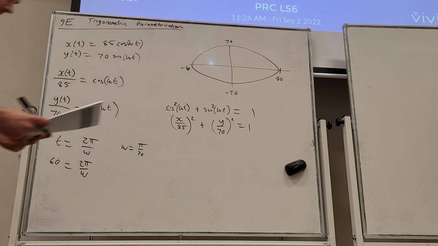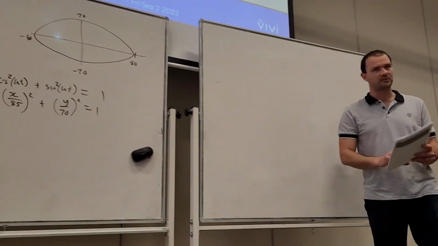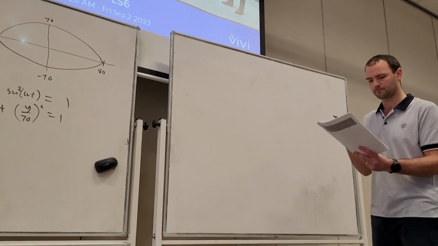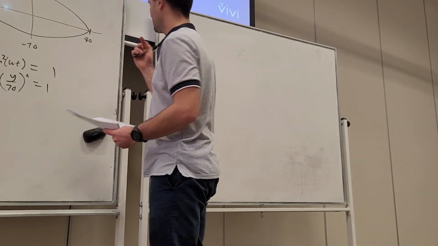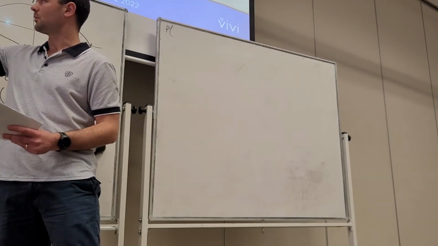And then part C, find the position, the velocity and the speed of the footballer after 20 seconds. I haven't really given you enough room there, but we should be able to squeeze it in. Firstly, the position: we're just going to be substituting t is 20 into this equation.